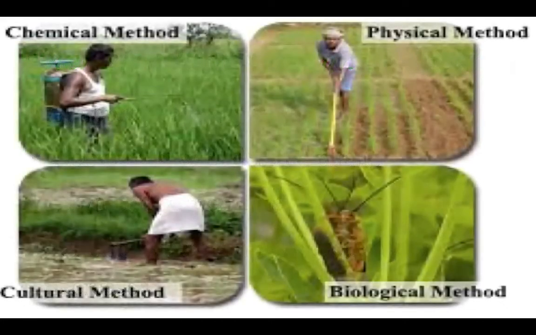So how can we control the weed? There are several methods by which we can control weeds in agricultural or horticultural crops or the field, like the chemical method, physical method, biological method, and cultural methods.